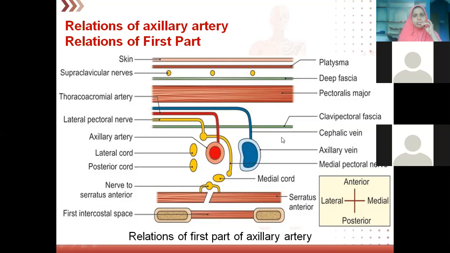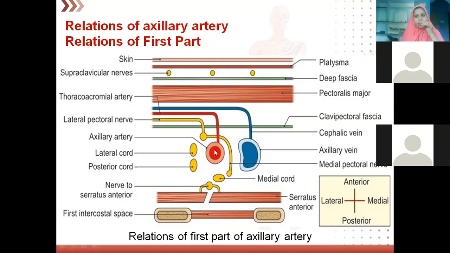What is the name of this vein? Cephalic vein. Below this, the artery is the coracoacromial artery. The nerve is the lateral pectoral nerve. These are the three structures piercing the clavipectoral fascia, and they also help us write the anterior relations of the first part of the axillary artery.